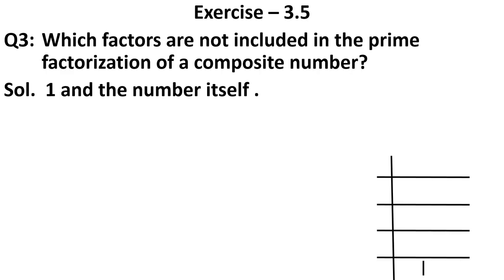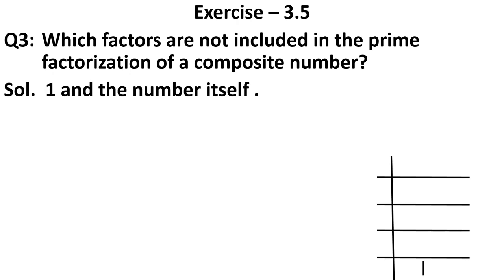We will never include 1 and the number itself, because if it is a composite number, it must be divisible by some other number besides 1 and itself. There are more than 2 factors in composite numbers, so we divide it by those numbers.